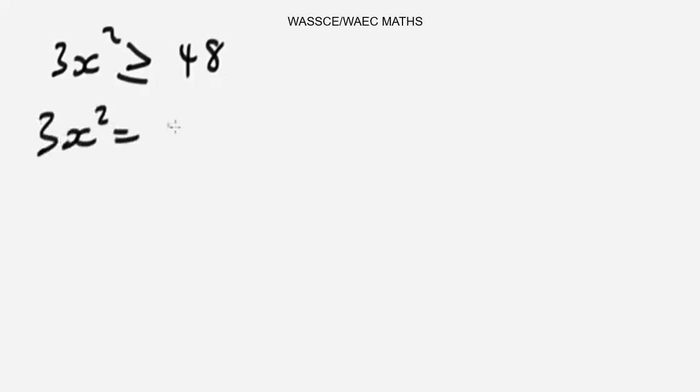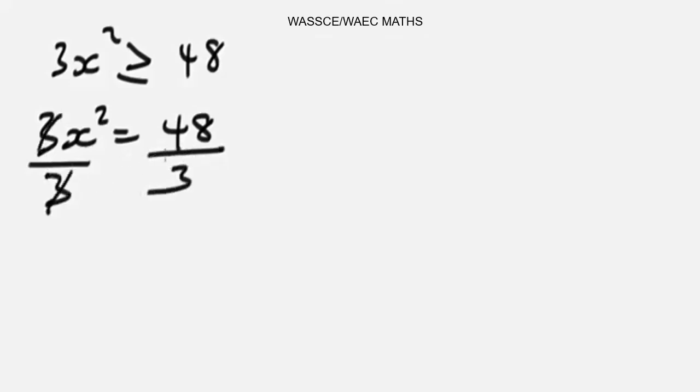What if you are given 3x squared is greater than or equal to 48. Now to solve this, let me write this way. This is the same as 3x squared equals 48. So use the equal to sign to simplify the expression to get your values of x before you then represent them using the inequality convention. Okay, so let's divide both sides by 3. We want to make x squared the subject.